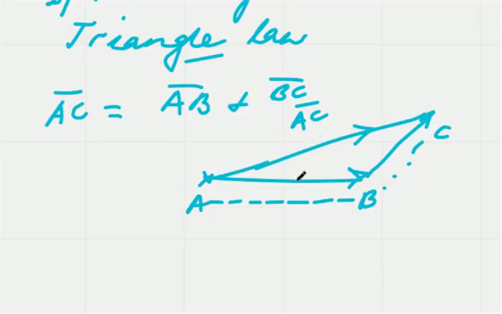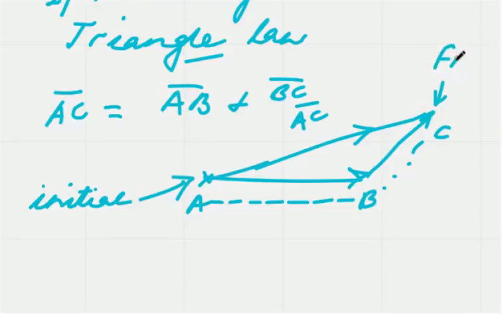A is the initial point, and C is the final point. So, I join the initial point and final point, and I obtain the resultant vector.